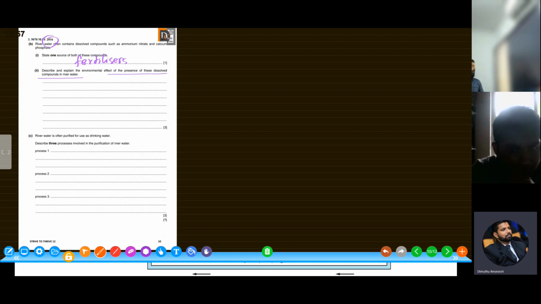Then chlorine or ozone gas is bubbled to disinfect the water. First one you write sedimentation or coagulation to remove the suspended particles. Second one you write filtration through activated charcoal to get rid of odor and taste. Process 3, add chlorine or ozone to purify it.